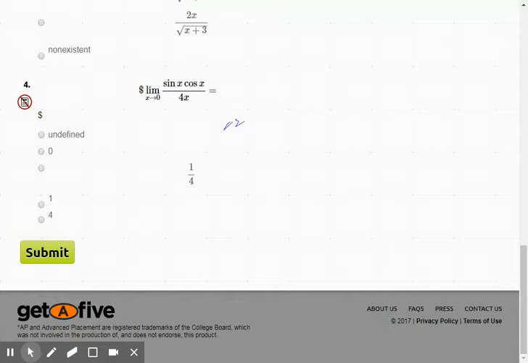So we know you're supposed to memorize the limit as x approaches 0 of sine of x over x is 1. We can plug 0 into cosine. The cosine of 0 is 1, so we've got 1 times 1 times 1/4. So that is where the answer of 1/4 comes from.